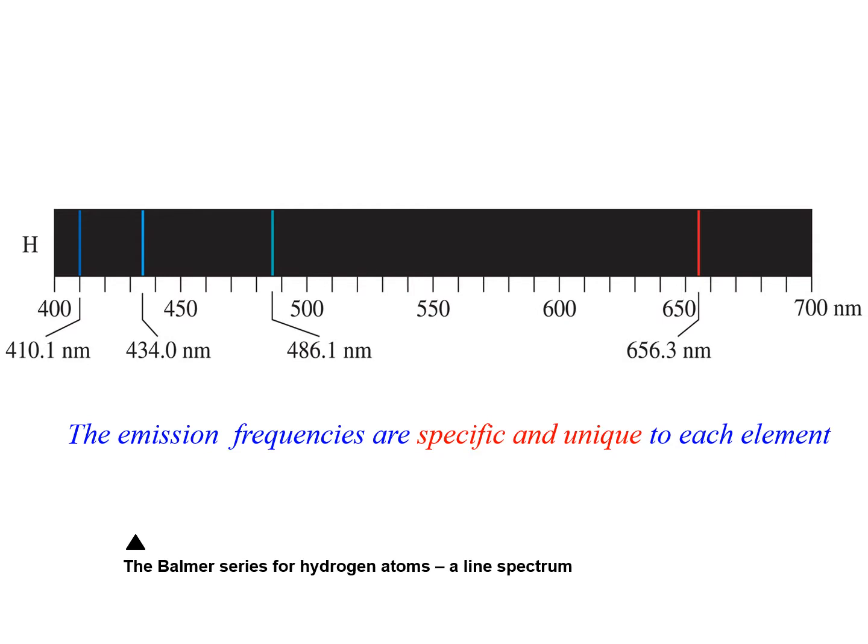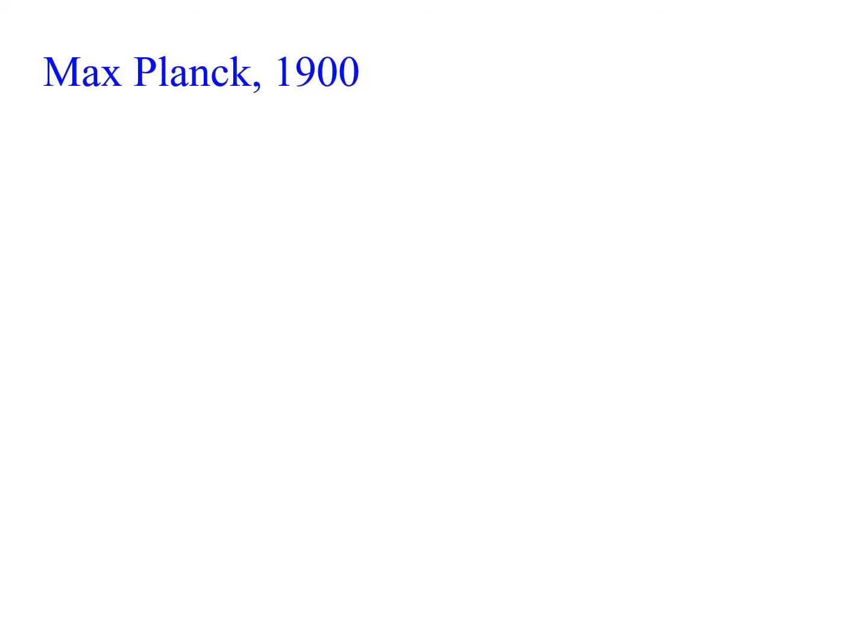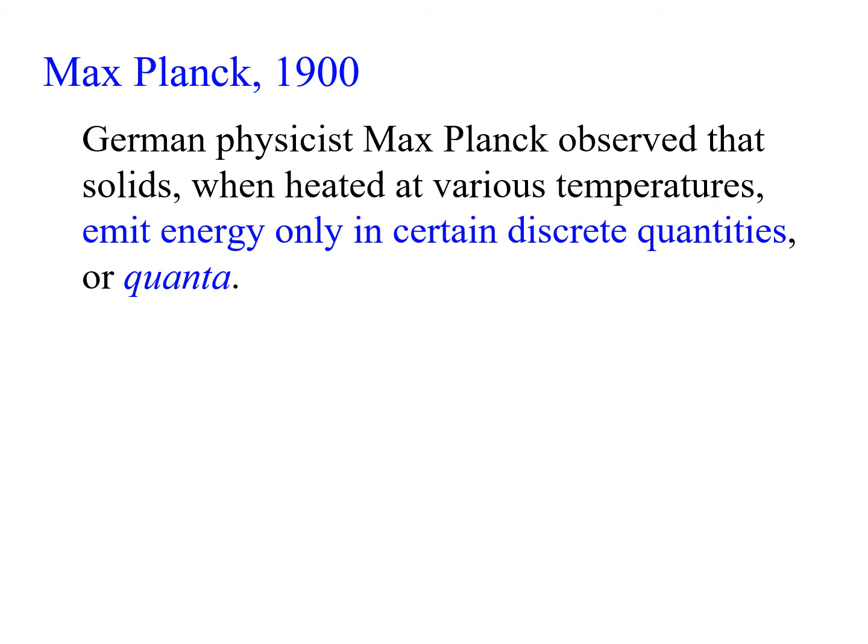And so again, this is the emission spectra. Frequencies are specific and unique to each element. Max Planck in 1900, he's a German physicist, observed that solids, when heated at various temperatures, emit energy in discrete quantities, or quanta, and that's important. So when you heat an element, it'll emit energy in quantized packets.